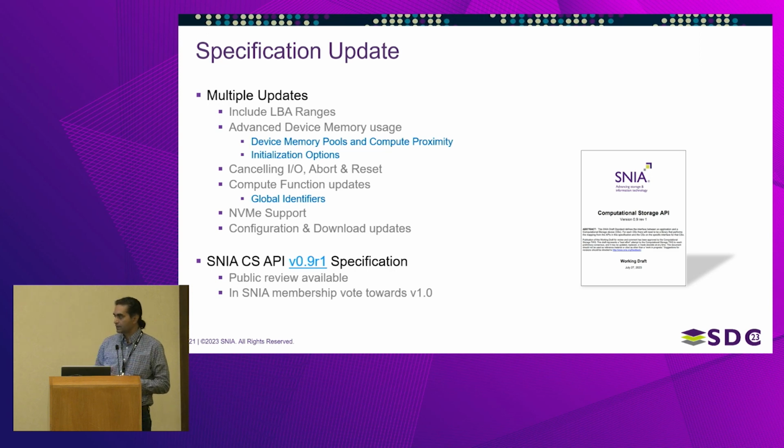Some of these are the ones we touched on earlier, but there are other subtle things that made it fully compatible with what we have defined on the NVMe side. We also updated the configuration and download, so it closely matches what is done with NVMe, but also kept it as abstracted as possible so it is extensible for other interfaces.